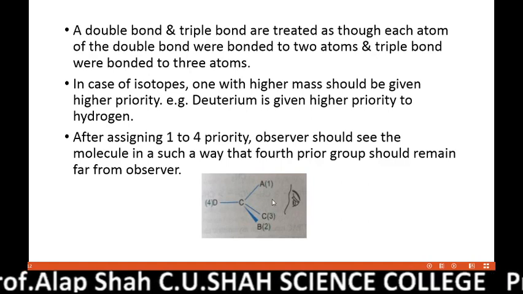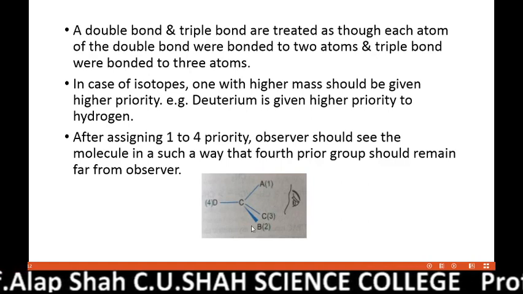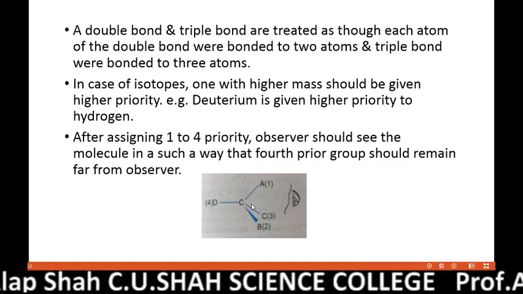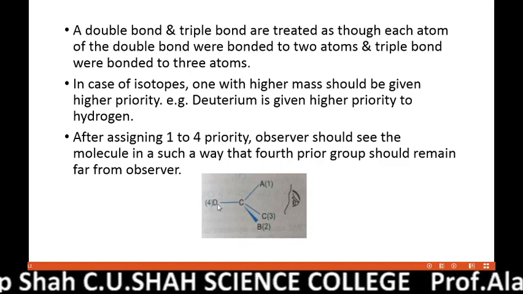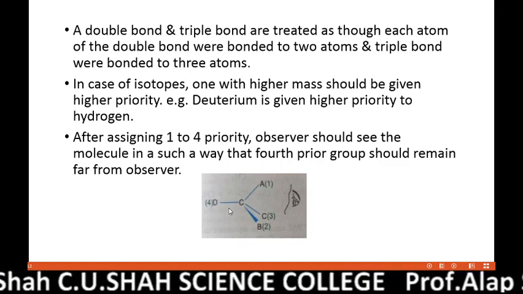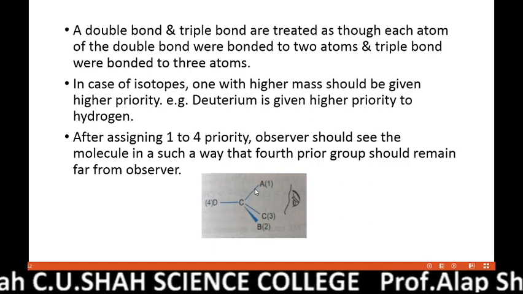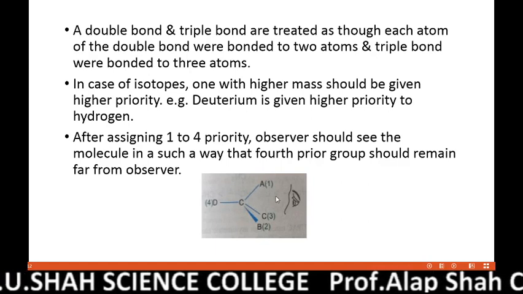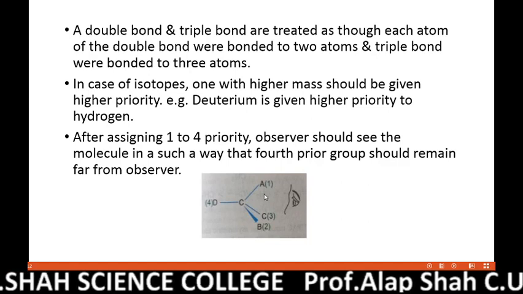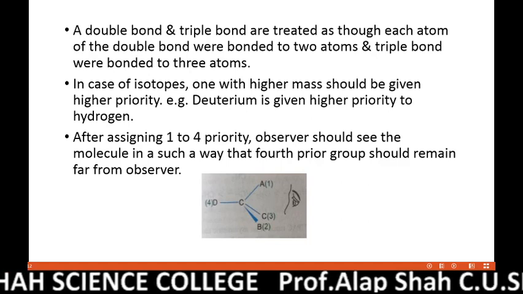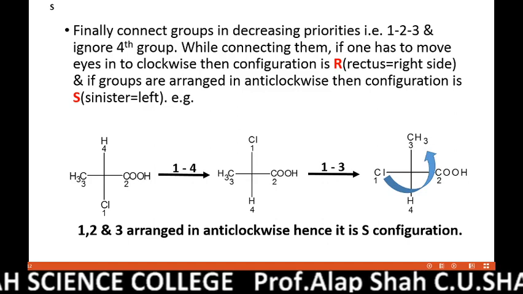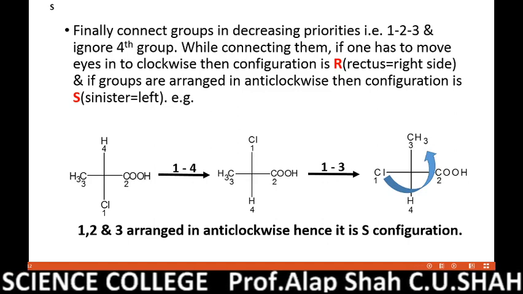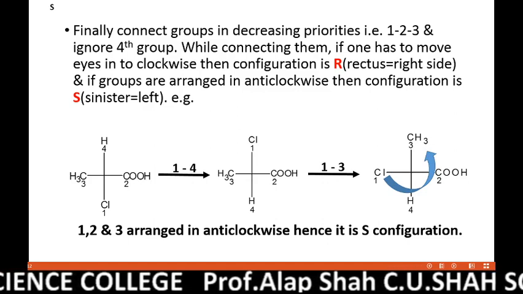If he or she has to move the eyes clockwise to connect 1, 2, 3, forgetting 4, then it is called R configuration. And if we have to move our eyes to the left side or anti-clockwise, then it is called sinister or S configuration. But that is possible only when a 3D structure is given.